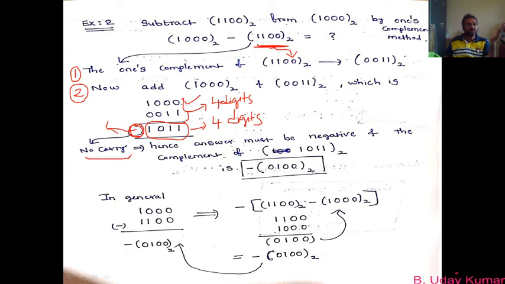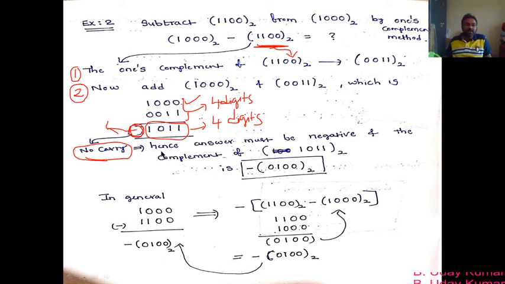So what it shows is that if there is no carry, the answer of this problem will be negative. If there is a carry here, that means the answer will be positive.